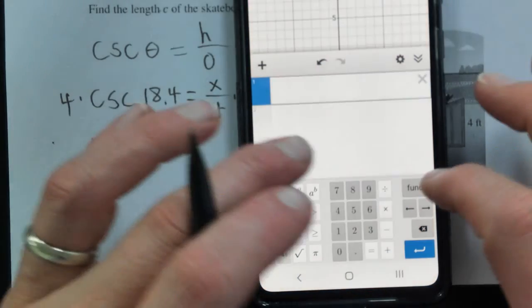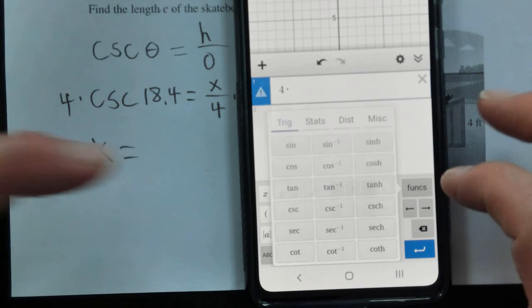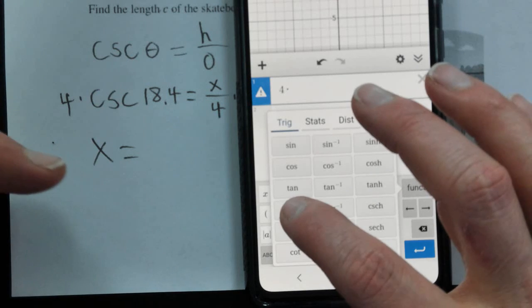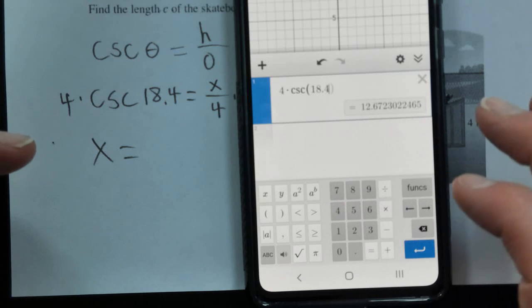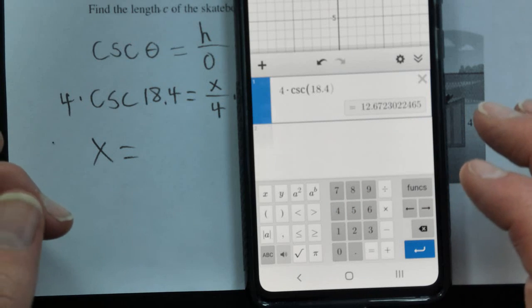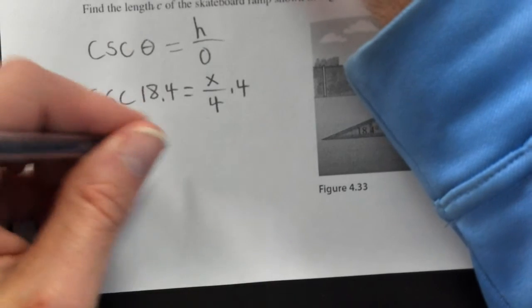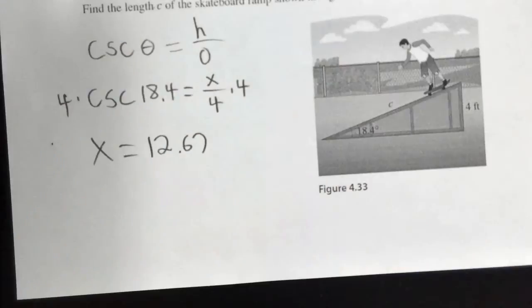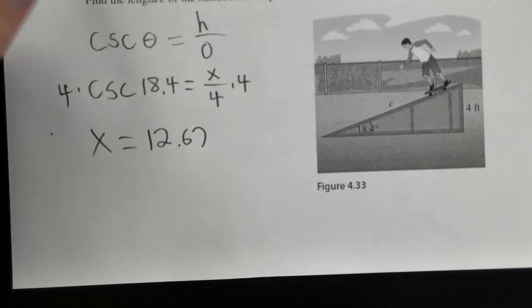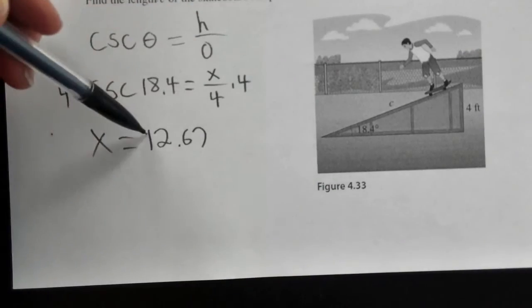And we will go 4 times the cosecant of 18.4. And we notice that our answer is 12.67. And so that would be the length of the ramp.